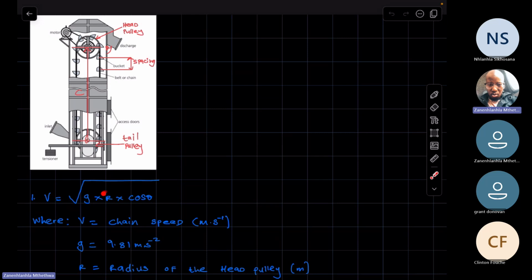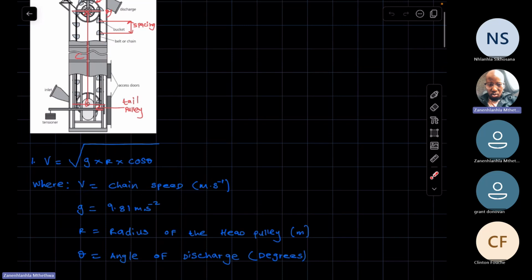So the R essentially you will be given, because you'll be given either the diameter of the tail or diameter of the head pulley. And then this theta is the angle that the discharge point essentially makes. That angle normally you are given as well. Now from this, normally they ask you to calculate maybe the diameter of the head pulley.